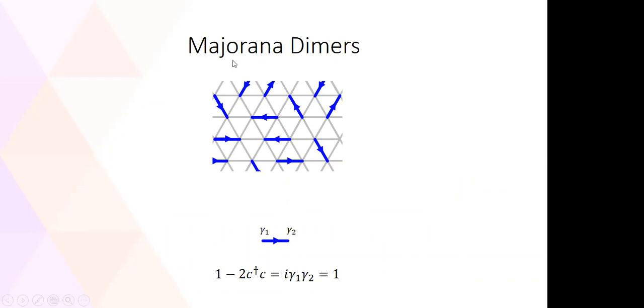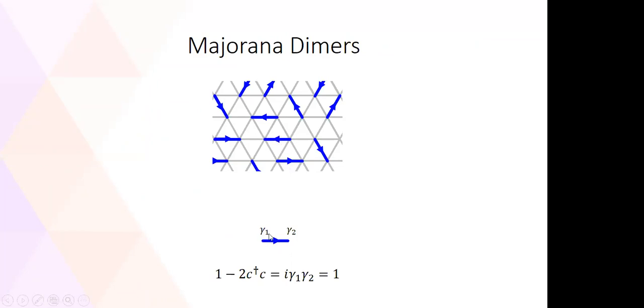So if we now put Majoranas on some lattice, let's say we have Majoranas on the vertices, and we want to pair them up, we have two ways of doing that. Either i gamma 1 gamma 2 equals 1, or i gamma 2 gamma 1 equals 1. Another way of thinking about this is that these two Majoranas form a fermionic degree of freedom, but we need to choose which Majorana is the real part of the fermion and which is the imaginary part.